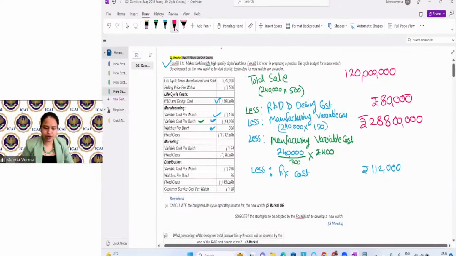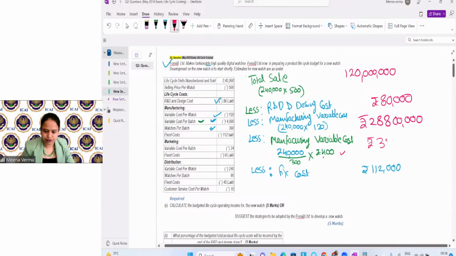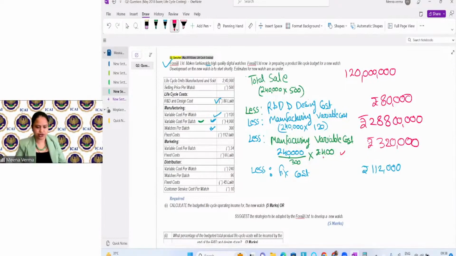All right. Now let's calculate the manufacturing variable cost as per batches. So this is coming as 24 divided by 300 into 400, 320. Can you just check whether the calculation is correct and everything is fine?